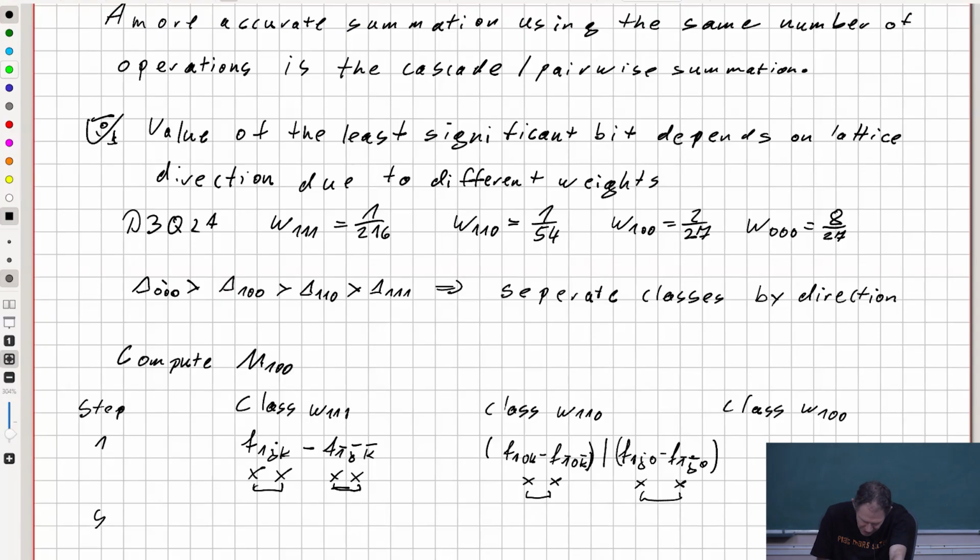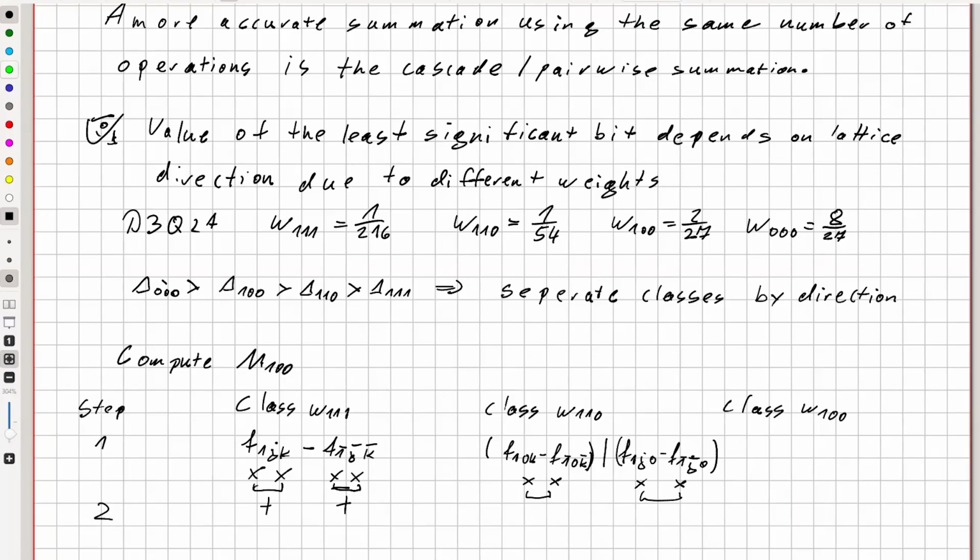And this gives us step number 2, where we sum these together. We also have 1 permutation of this, F100 minus F minus 100. They have only one permutation. So there's only one such operation.